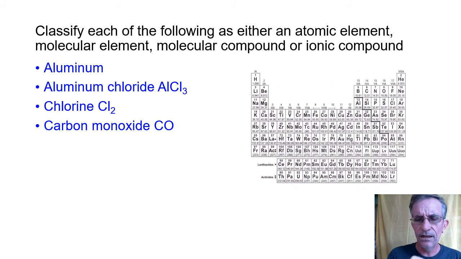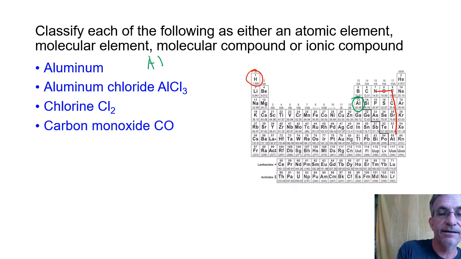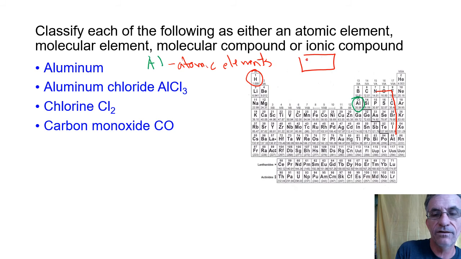Aluminum is Al, and Al is right here. It is not one of our 7 molecular elements. So if it isn't one of those 7, it's got to be an atomic element. It's made up of single little atoms, like a box full of single little atoms.